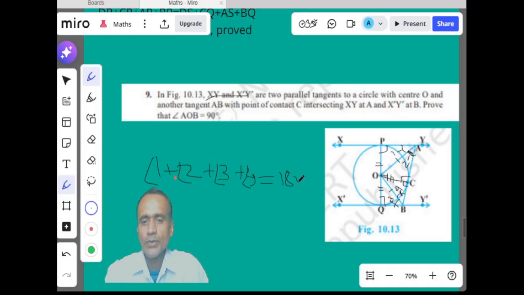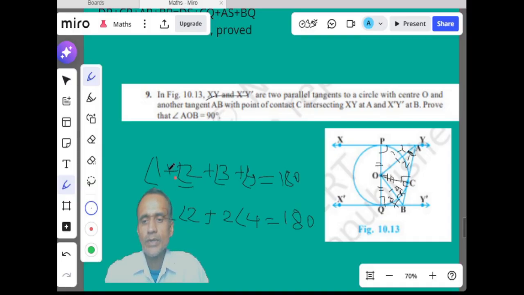But we have already proved angle 1 is equal to angle 2, and angle 3 is equal to angle 4. So we can write 2 times angle 2 plus 2 times angle 4 is equal to 180 degrees. How do we get 2 times?